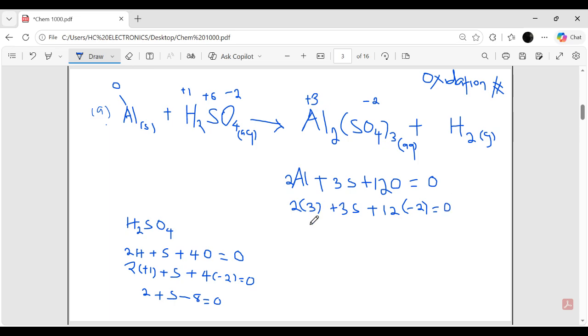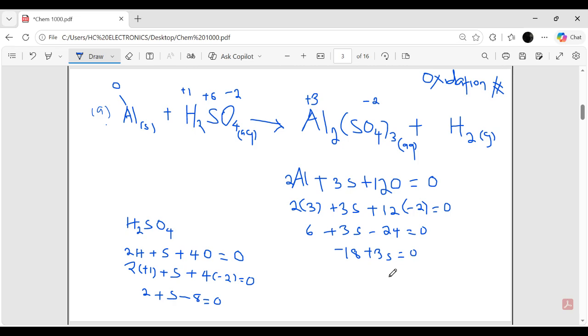Then this will be 6 plus 3s. Then minus 24 is equal to 0. Then 6 and 24, that will be negative 18 plus 3s is equal to 0.